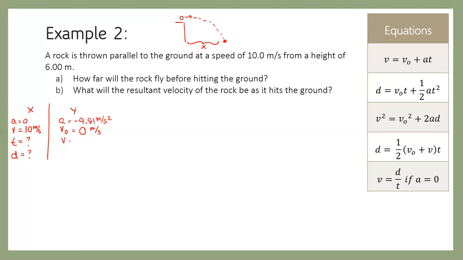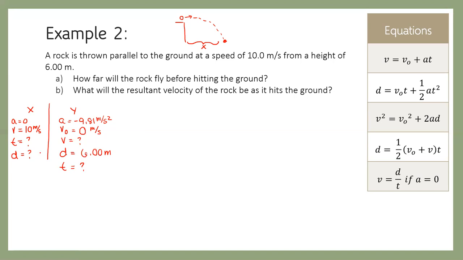The final velocity in the y direction, we don't know, we're not given it. The distance in the y direction is just 6 meters. So it's a height of 6 meters, so that's our 6. And then we don't know time. So now we need to look at our question.